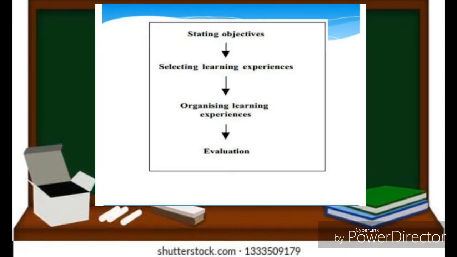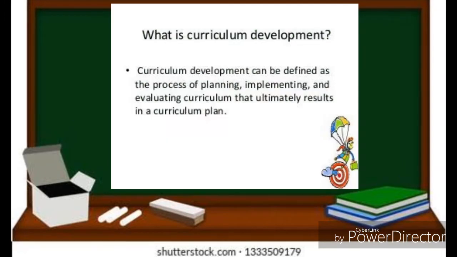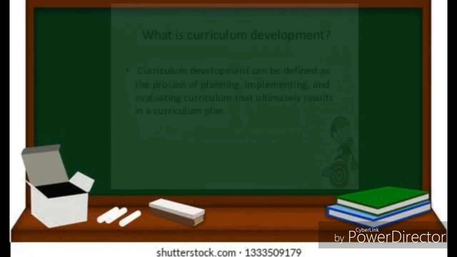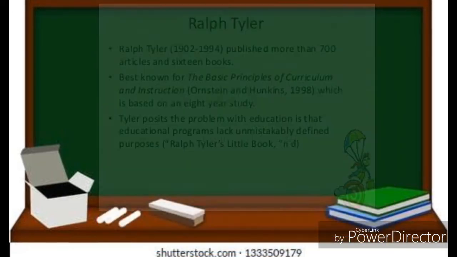First, stating objectives, selecting learning experiences, organizing learning experiences, and the last is evaluation. Curriculum development can be defined as the process of planning, implementing, and evaluating curriculum that ultimately results in a curriculum plan. So one example of this is Ralph Tyler's model.